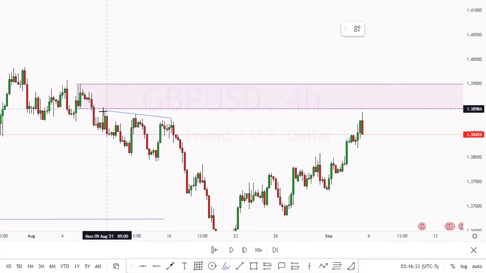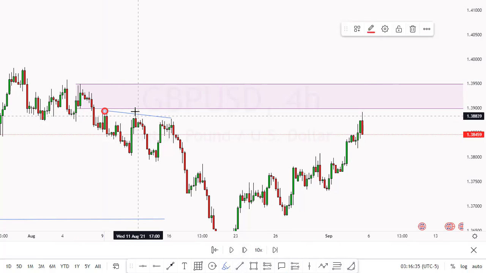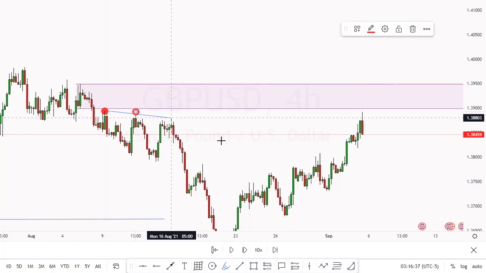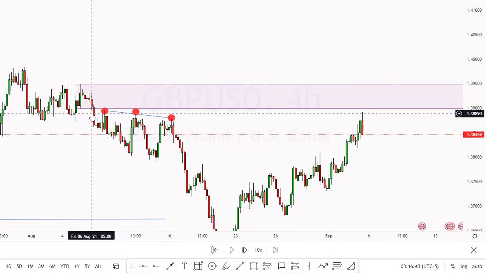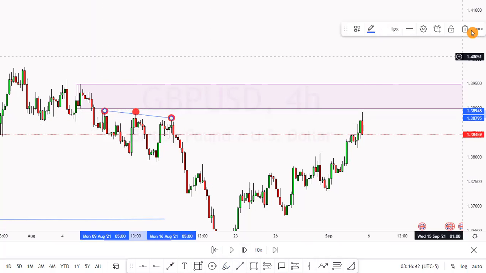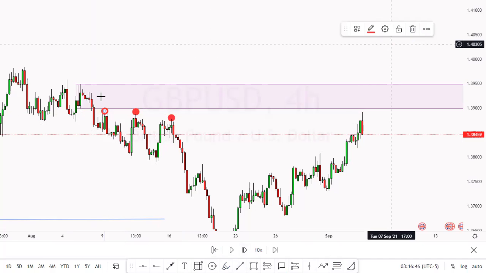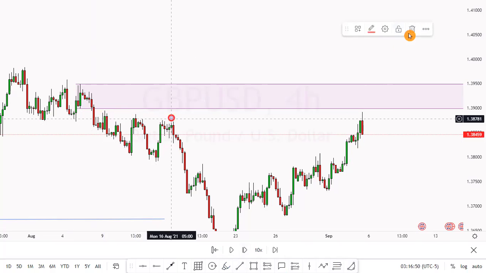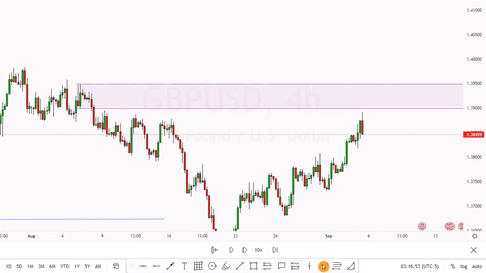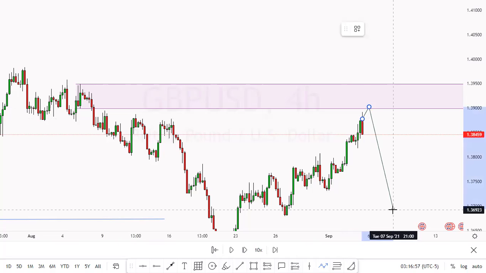The retracement, the trend lines. So these are our areas. These are liquidity areas. So we expect to see the market taking this level here. We can expect that the market will move here and then continue selling.